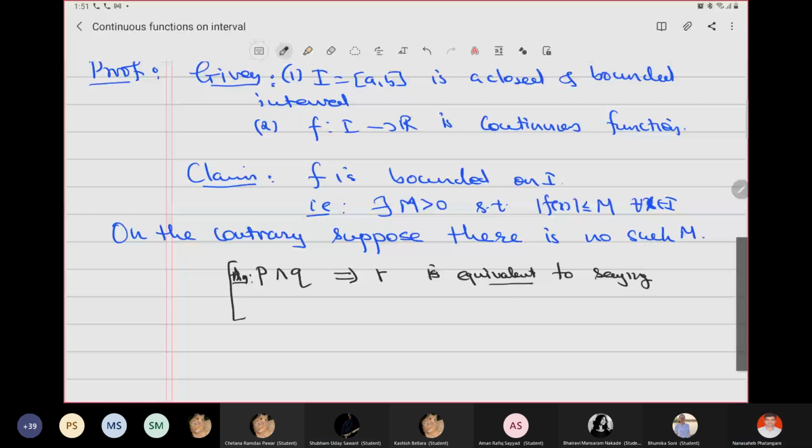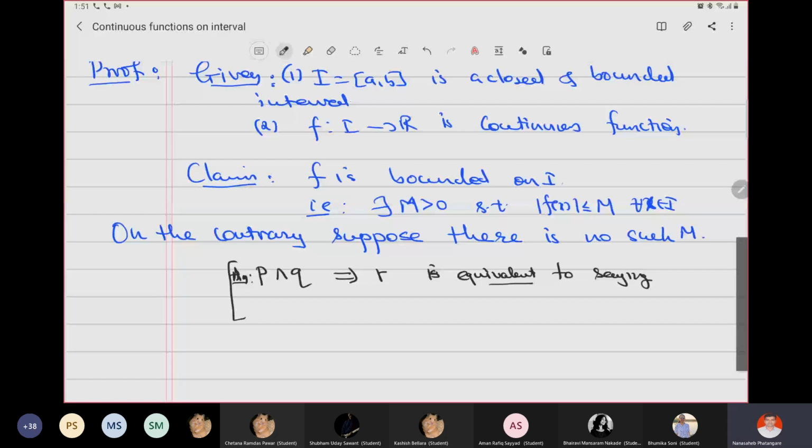Fine. So here, what is our statement P? The domain of f is I, a closed and bounded interval.